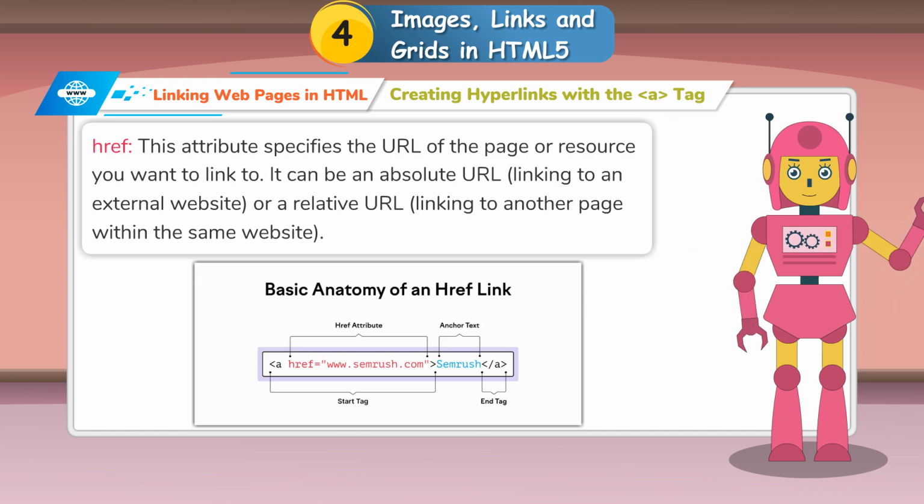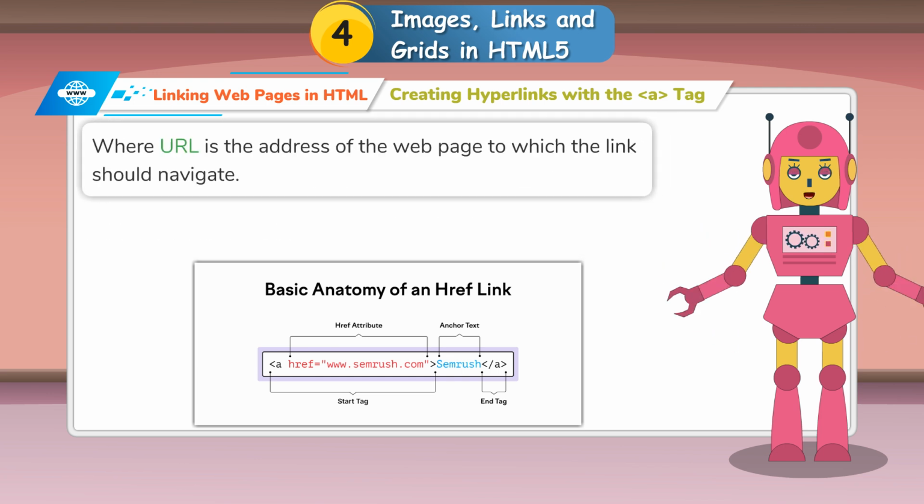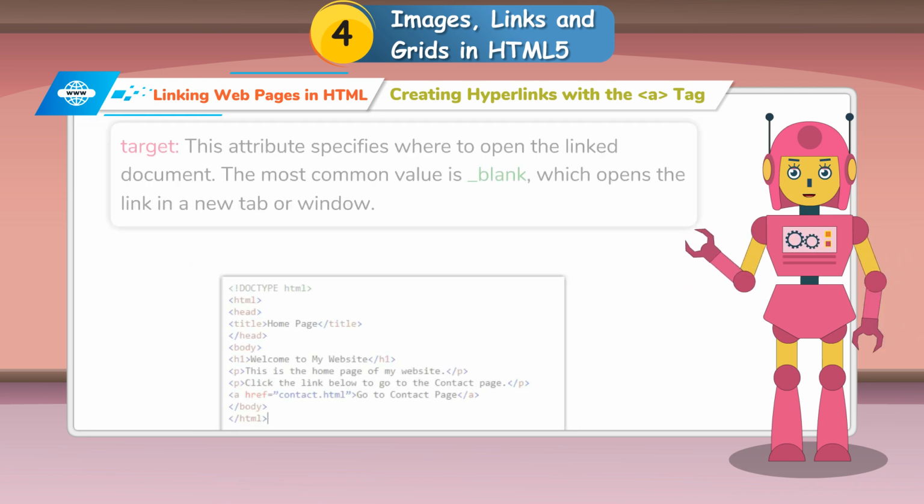This attribute specifies the URL of the page or resource you want to link to. It can be an absolute URL linking to an external website or a relative URL linking to another page within the same website. Where URL is the address of the web page to which the link should navigate.